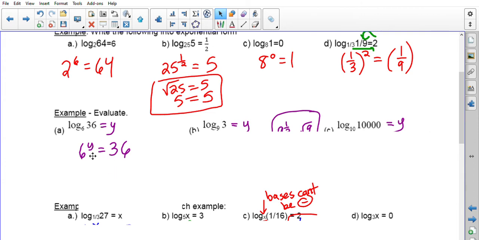So think to yourself, 6 to what exponent would equal 36? You should be thinking that it is 2. When you square 6, it equals 36, so y equals 2. We just evaluated that log expression. So this is how converting to exponential form is helpful.